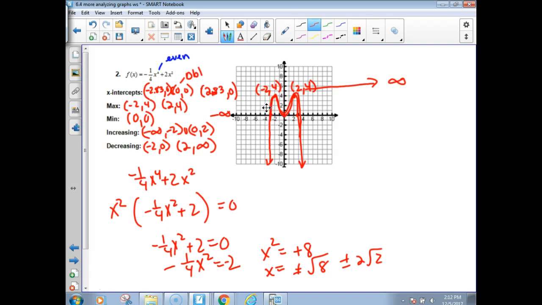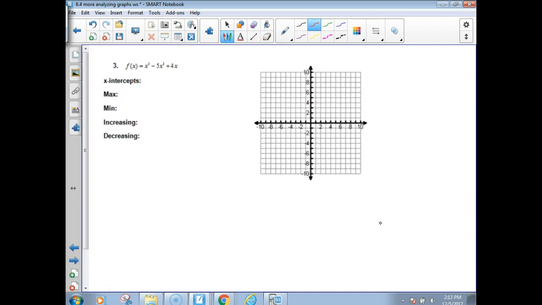Okay, I'll say it again. Okay, you're feeling it better now? From negative 2 to 0, it's decreasing. And on the x interval from 0 to 2, it's increasing. And on the x interval from 2 to infinity, it's decreasing. Okay? Try another one.